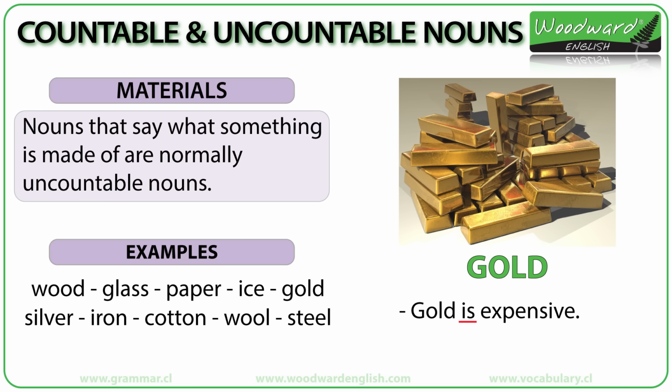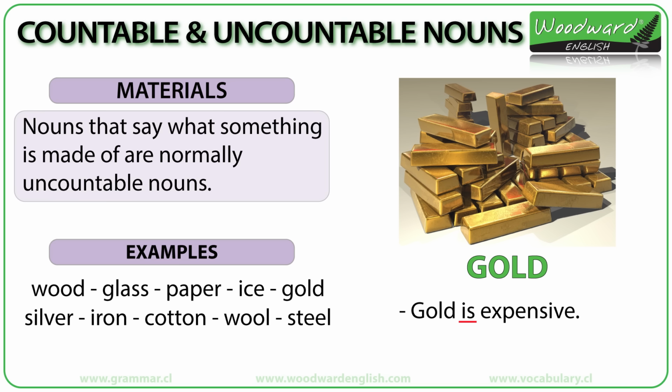Nouns that say what something is made of, these are normally uncountable nouns. Some examples are wood, glass, paper, ice, gold, silver, iron, cotton, wool, and steel.